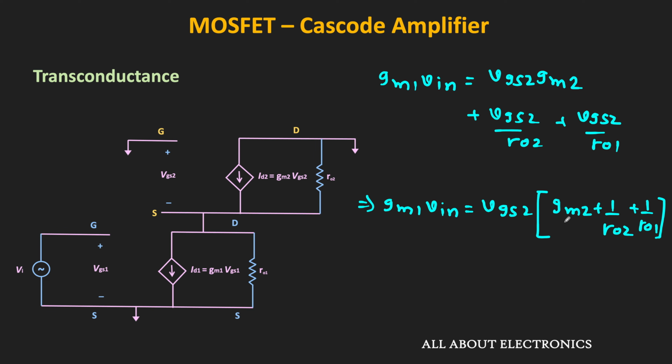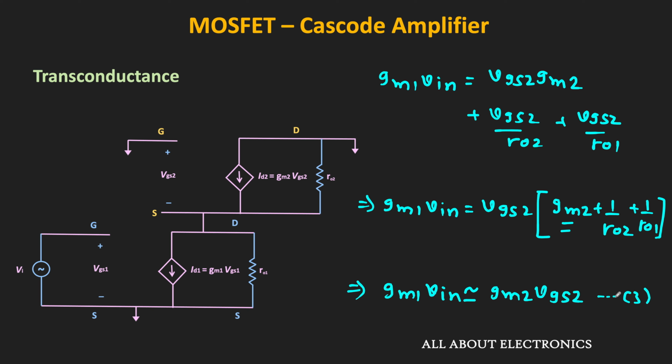Now typically this first term will be much greater than the last two terms. So approximately we can say that gm1 times Vin is equal to gm2 times VGS2. Let's call this equation number 3.